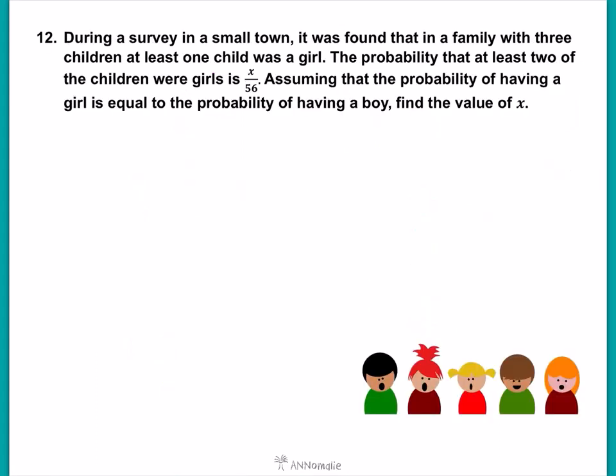During a survey in a small town, it was found that in a family with 3 children, at least one child was a girl. The probability that at least 2 of the children were girls is x over 65. Assuming that the probability of having a girl is equal to the probability of having a boy, find the value of x. Now we know that the different options here will be boy, boy, boy.